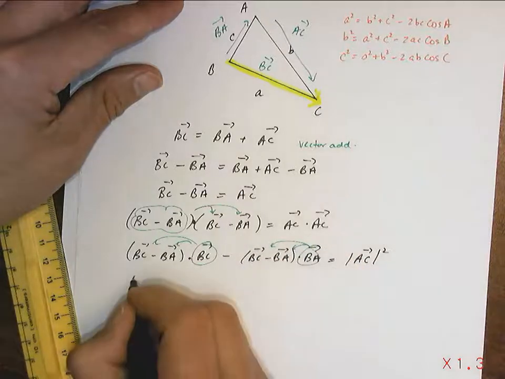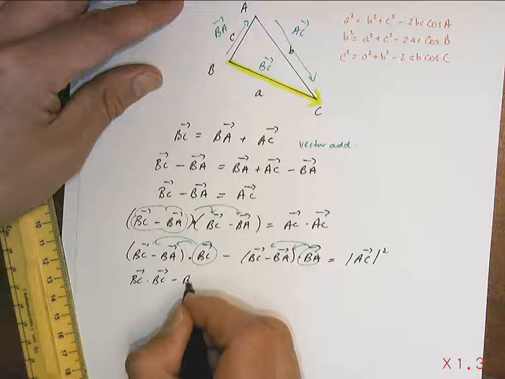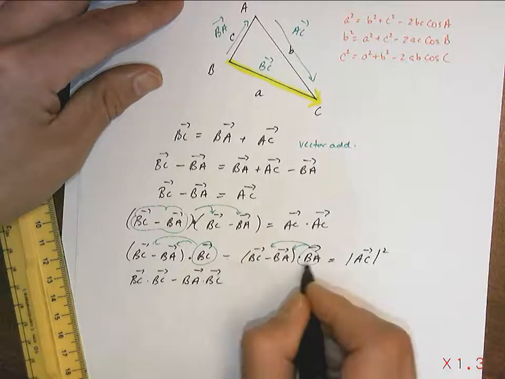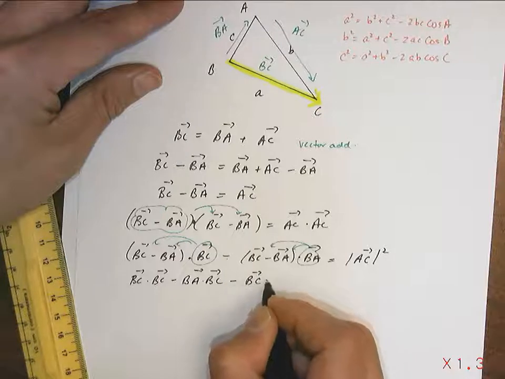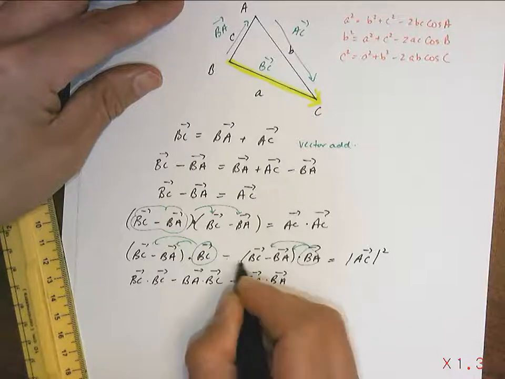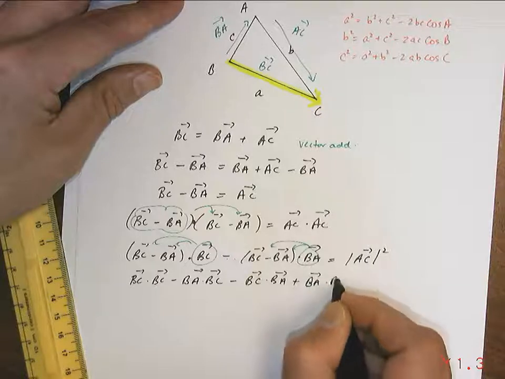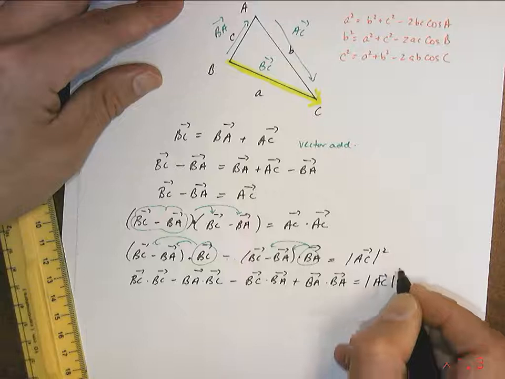What we come up with is BC dot BC minus BA dot BC, negative BC dot BA, negative negative positive BA dot BA equals magnitude of AC squared.